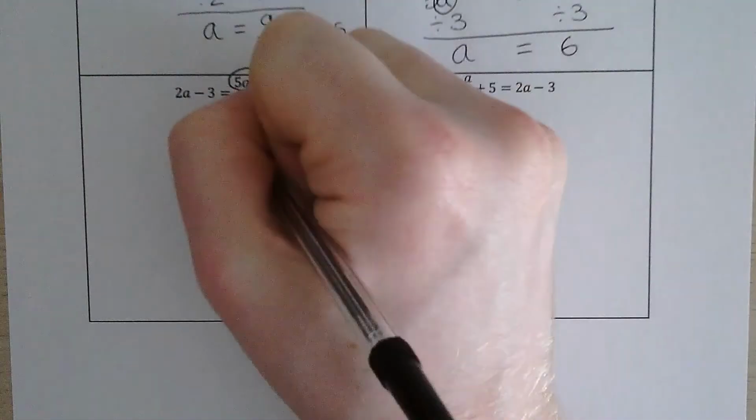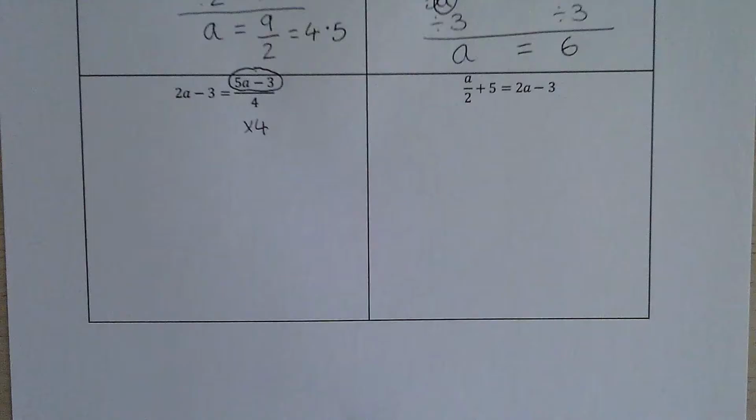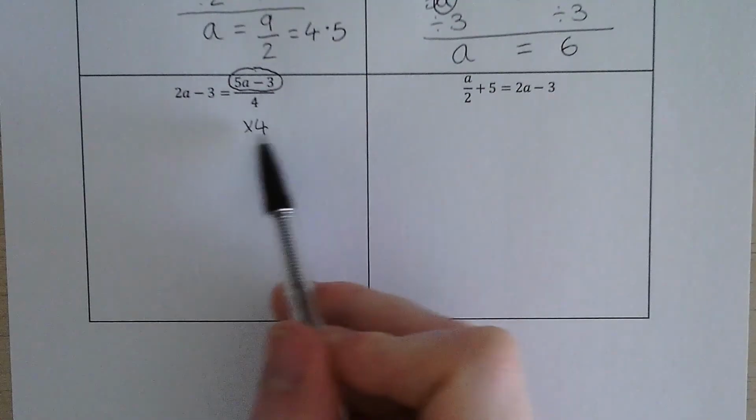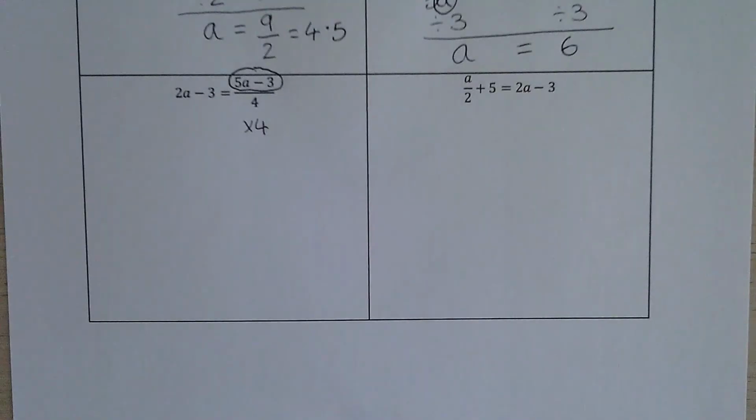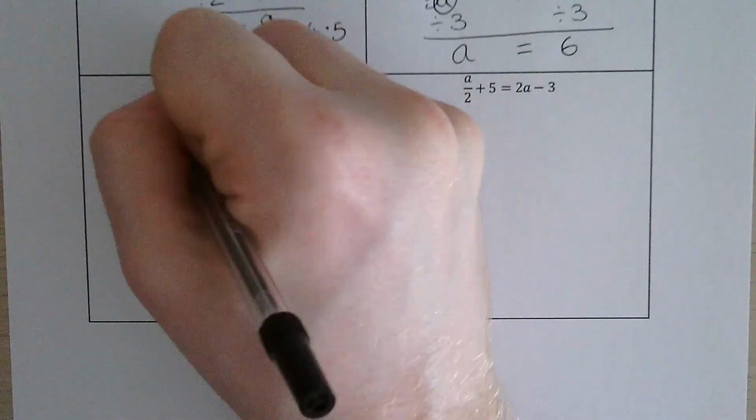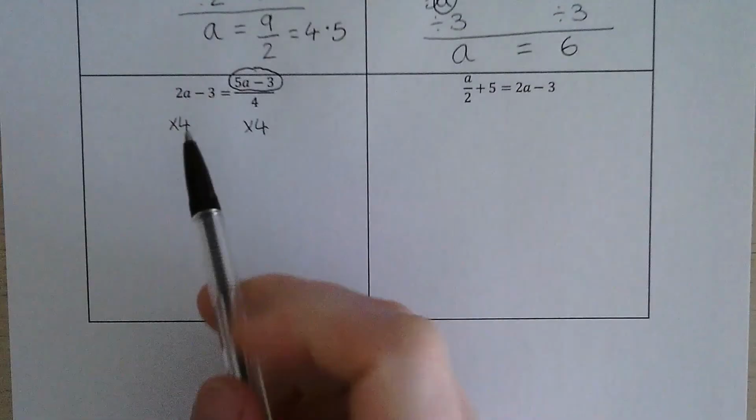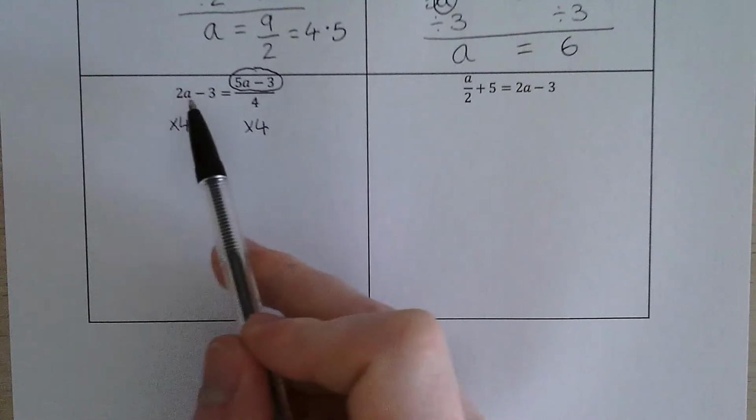Well, to undo divide by 4, we multiply by 4. What's really important to remember here, however, is that when we're multiplying, we need to multiply every term in the question by 4. So it's not enough for me to just write times by 4 underneath the 2a.